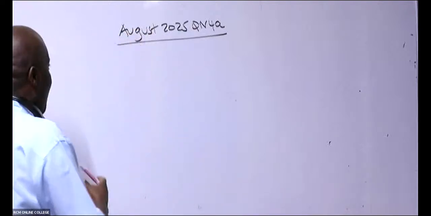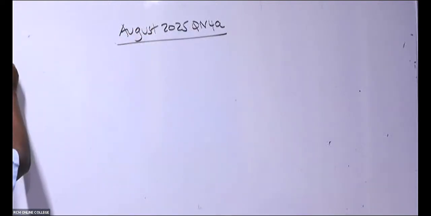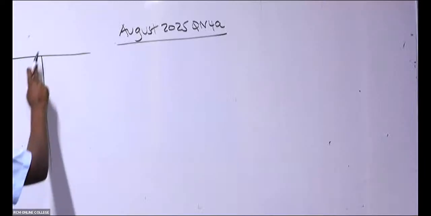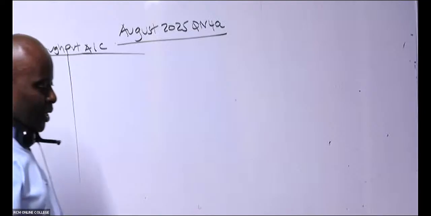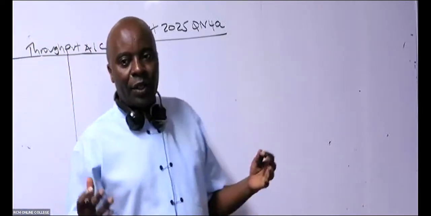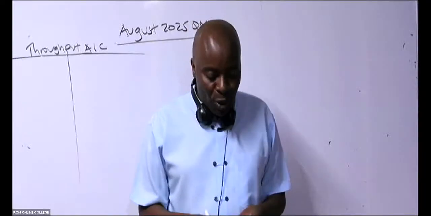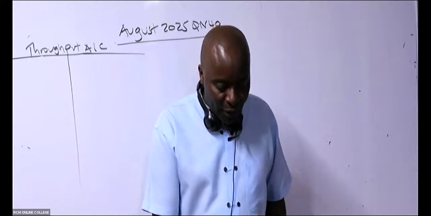Remember, there is no opening stock, no opening inventory. So then our throughput account will look like this. Throughput account. So our throughput account, ladies and gentlemen, will basically have quantities being captured.